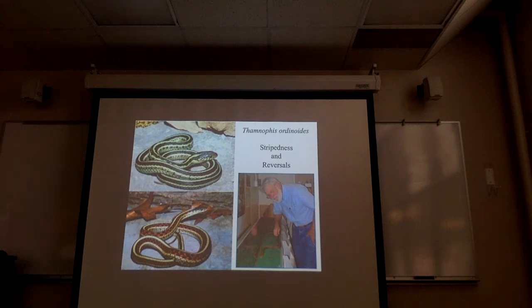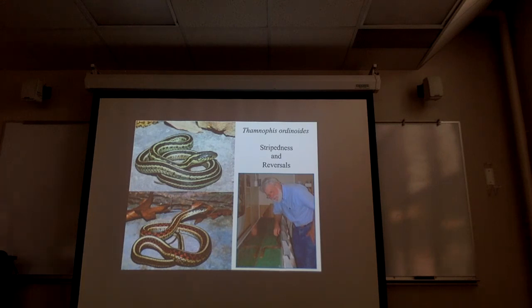If color pattern is important for survival, you would expect the population to converge on a single color pattern, in the same way that, for those of you in the butterfly group, all monarchs look virtually the same. Yeah, presumably because that works for them. And so one of the questions when we looked at this population was, why are there so many different color patterns present?